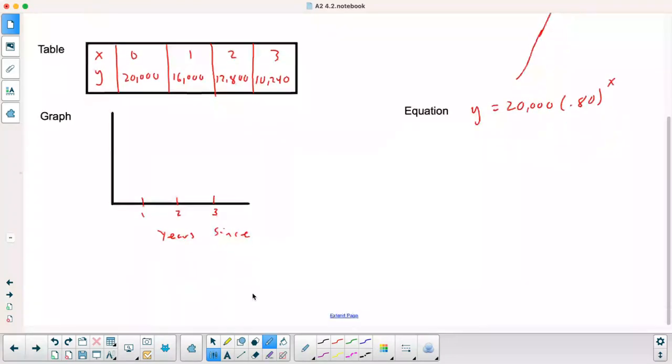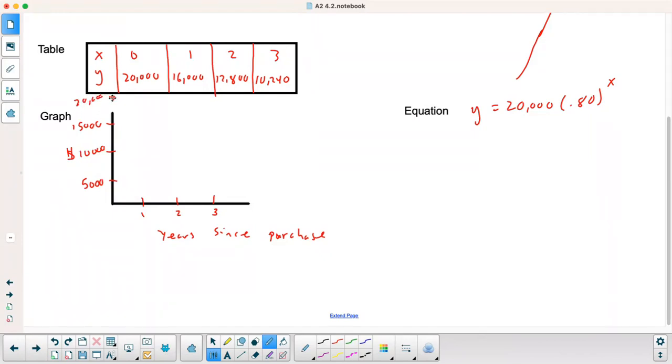It doesn't say. Years since, let's just say purchase, maybe. And this is the value. So at 0, oh, you know what? I need to get some numbers here. Let's say 5,000, 10,000, 15,000, and up here is going to be like 20.